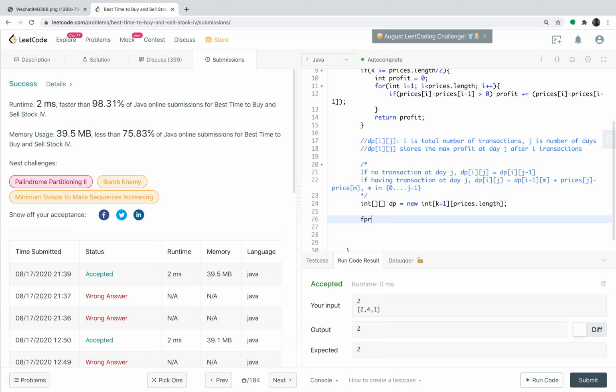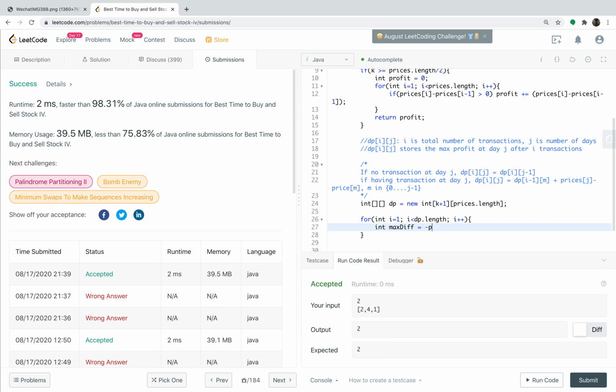So according to the dp array, we do a two-dimensional for loop actually.